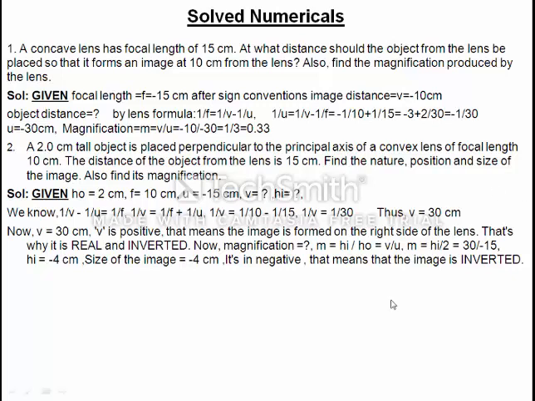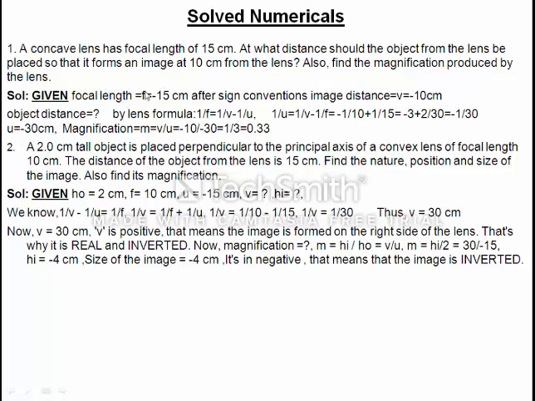So the first problem for you is: a concave lens has a focal length of 15 centimeter. At what distance should the object be placed from the lens so that it forms an image at 10 centimeter from the lens? Also find the magnification produced by the lens.